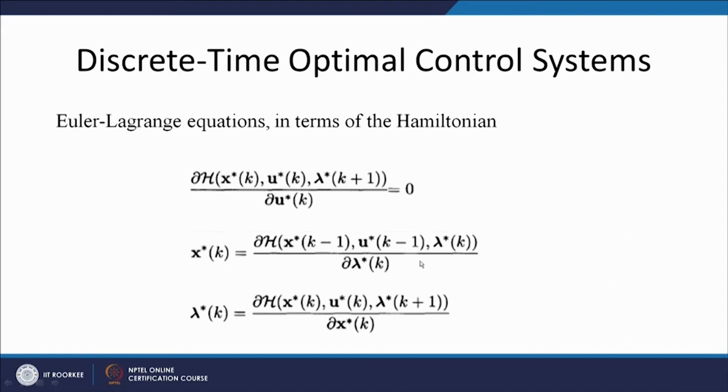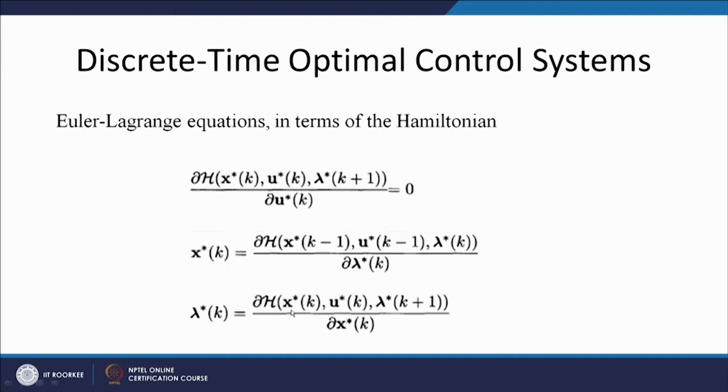We have to mind this. This is my state equation, and lambda star k equals del h by del x star k, u star k, lambda k plus 1. This is my co-state equation. That is why we have taken lambda k plus 1, to get this equation in lambda k.